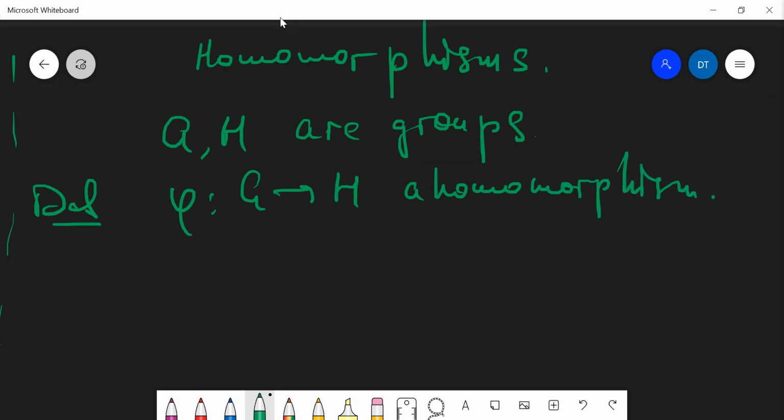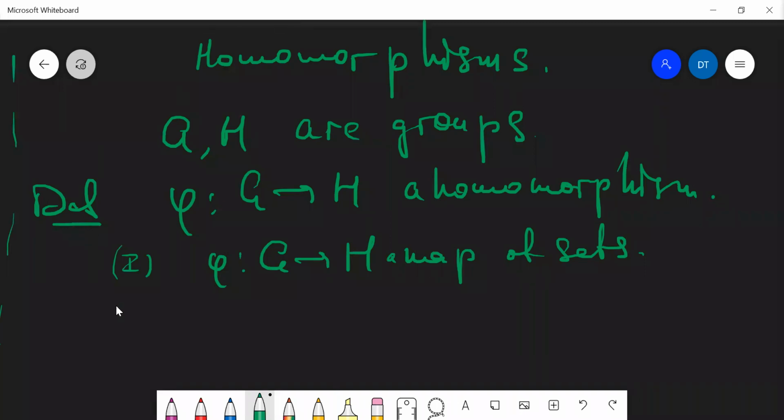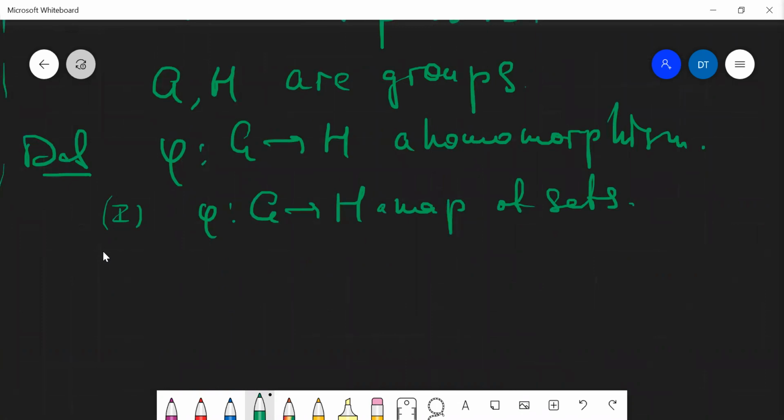As usual, every definition consists of two parts. First of all, we define some data and then pose axioms on those data. So phi must be a map of sets. It just takes elements from the group G to elements of the group H. And we have one axiom.